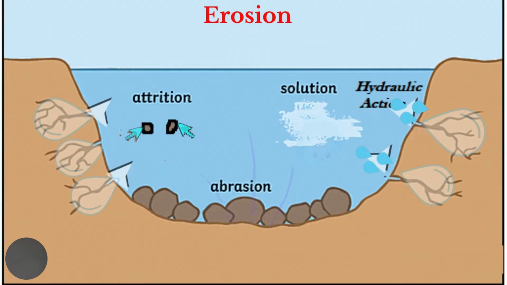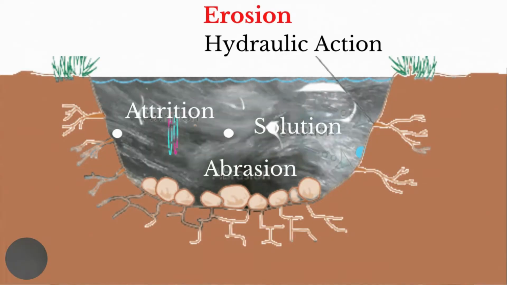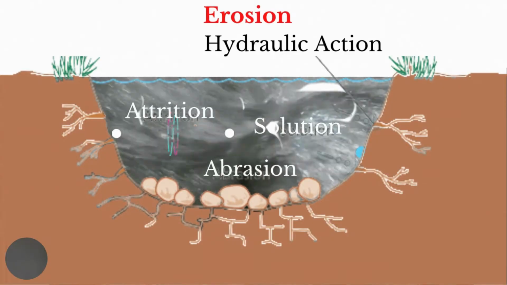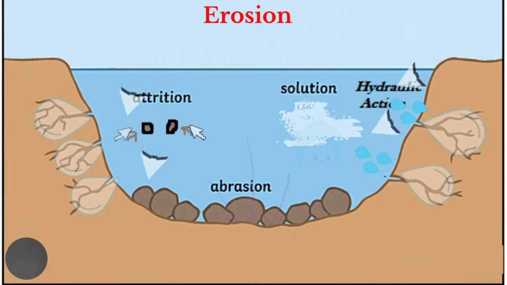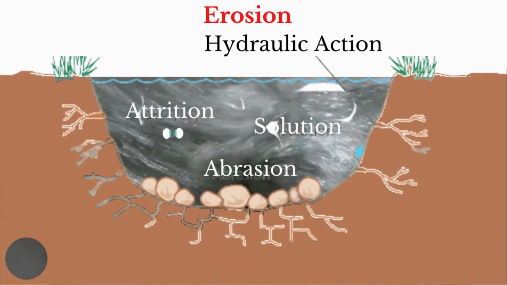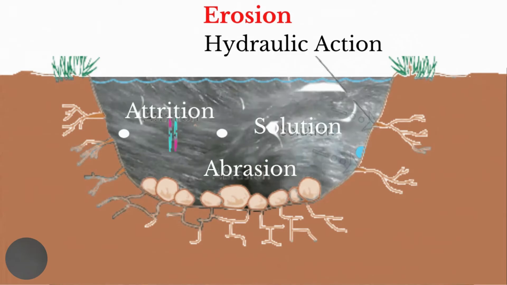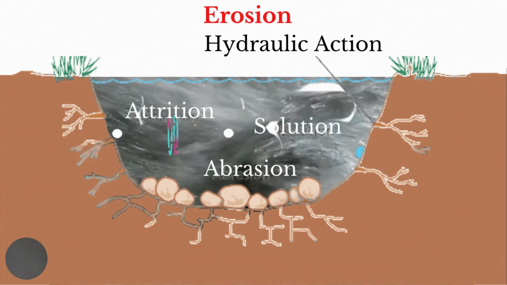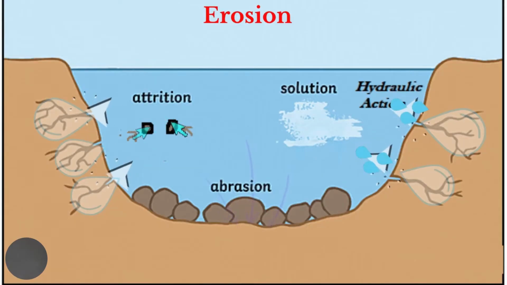So besides talking about the direction in which the river erodes, we can also talk about the method by which rivers erode their channel, as well as the load that they are carrying. And speaking of the load, we can talk about attrition.